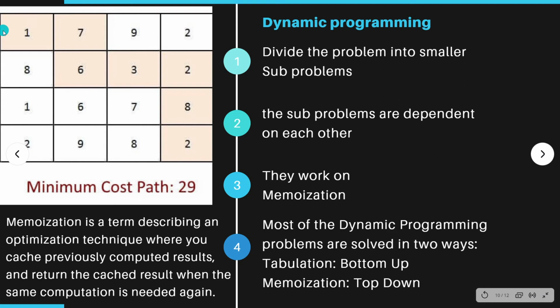So this is the minimum cost path we require to reach from this to this. There are many paths. We can go from here, or diagonally you can also, but the minimum cost path is this. So this algorithm is very useful in solving these types of problems.